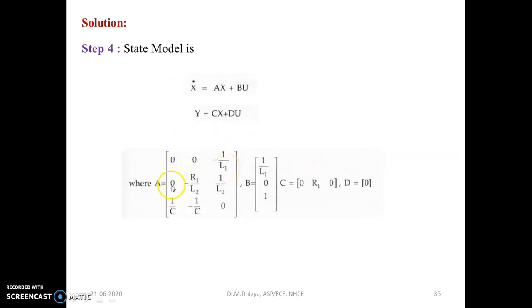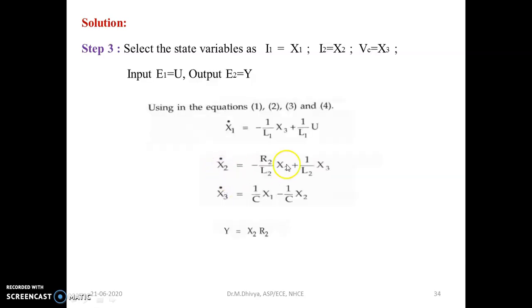Similarly, if you want to construct the second row, look into the second equation. Here the coefficient of x1 is 0, and x2 and x3 are there. The coefficient for x2 is minus R1 divided by L2 and the coefficient for x3 is 1 divided by L2.